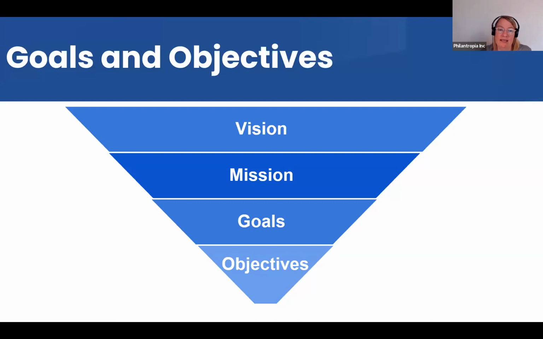But it's nothing that you can achieve within one project or one program. So it's not going to be described in detail in your project proposal. But your goals and objectives are, because they are further down that chain. Usually a goal is something that you can achieve with one project or one program, and objectives are even under that and should be achievable on the level underneath.